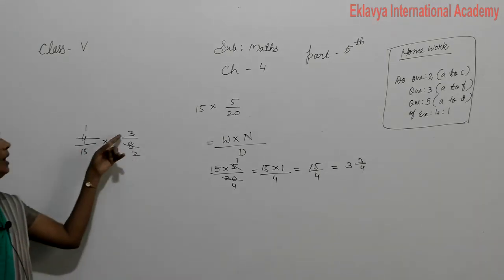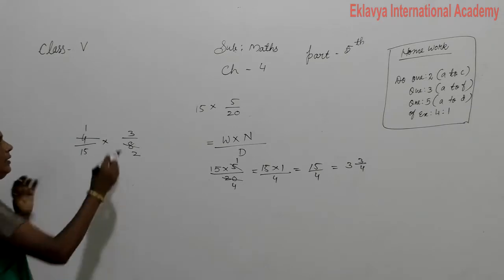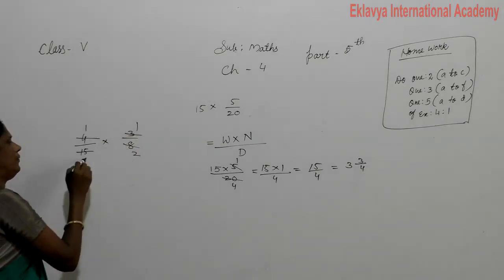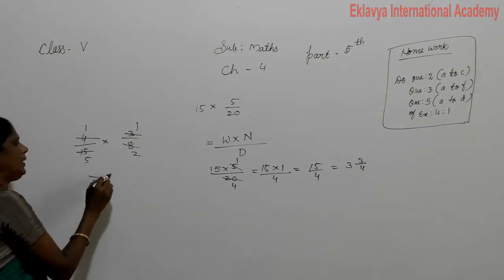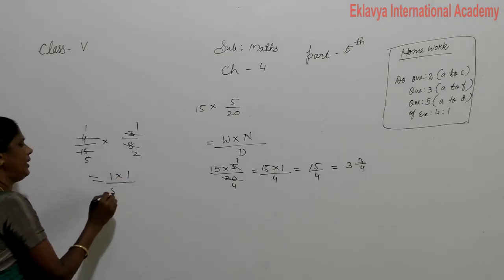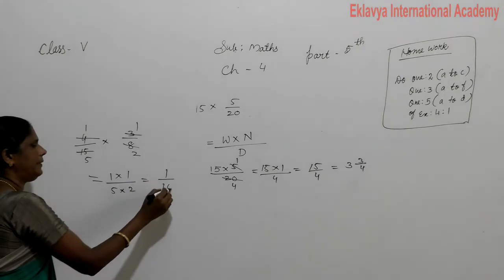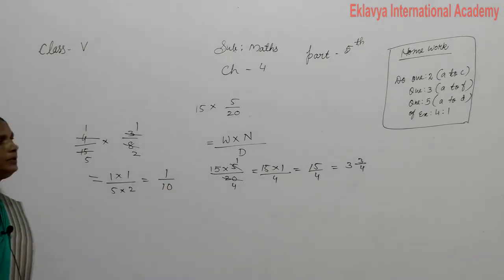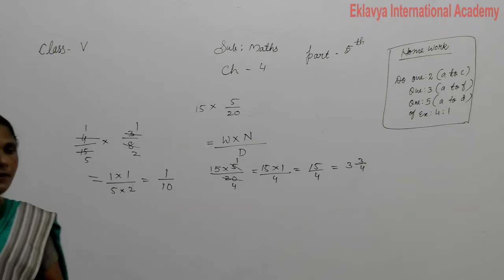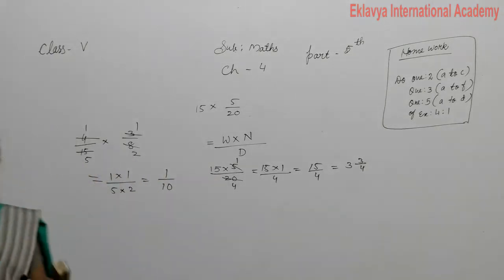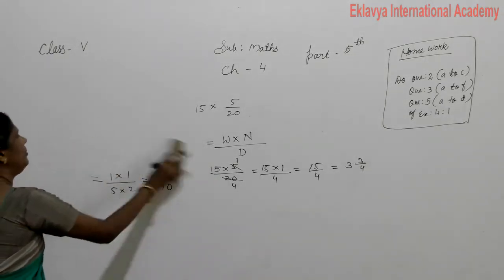How many times does 3 go in 3? 1 time, and in 15, 5 times. Now you multiply 1 into 1, 5 into 2. Our answer is 1 by 10. Understand? Next, mixed fraction multiplied by mixed fraction.